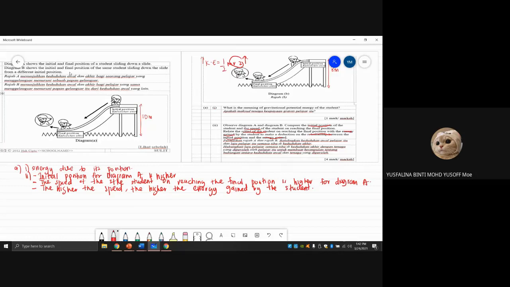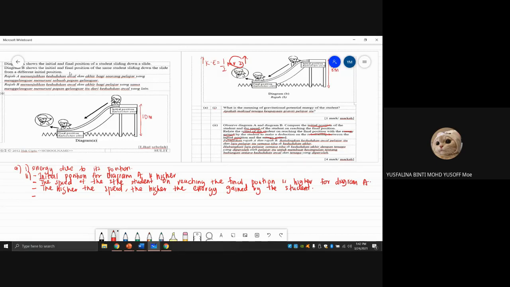So 3 marks. Last point, you have to relate the initial position and the energy gain. Teacher, can I say the faster the speed? Yes, also can. You can just ask if you cannot understand anything.